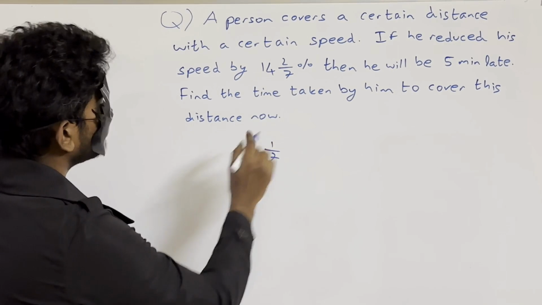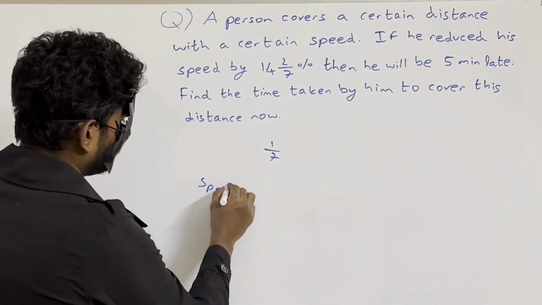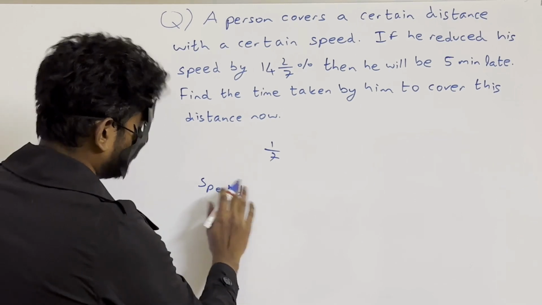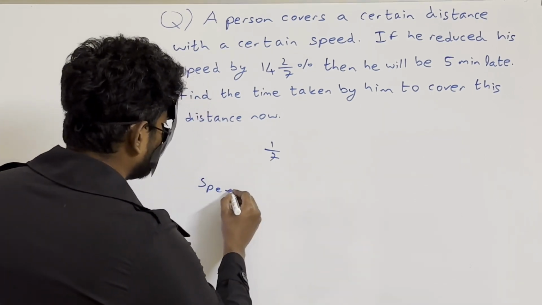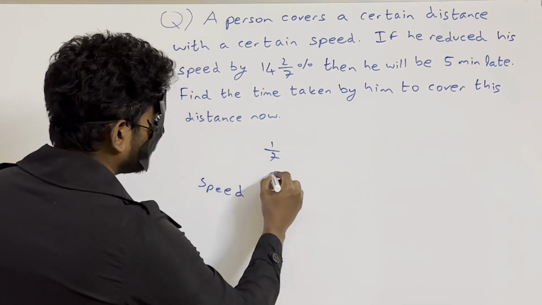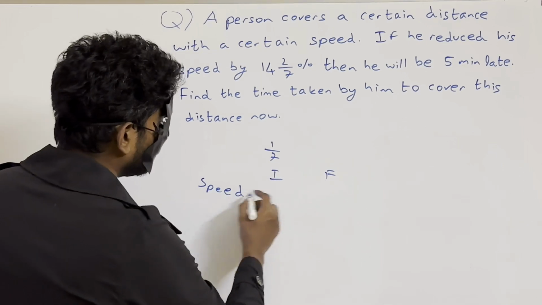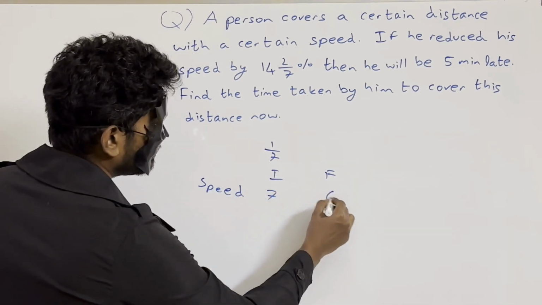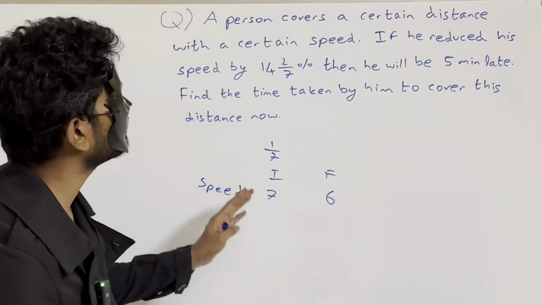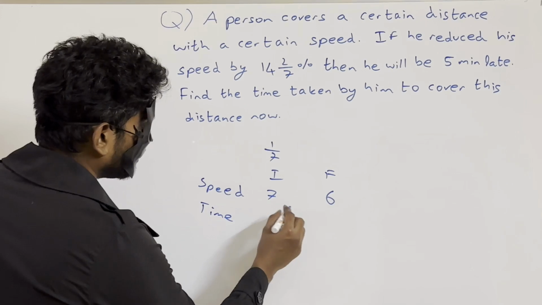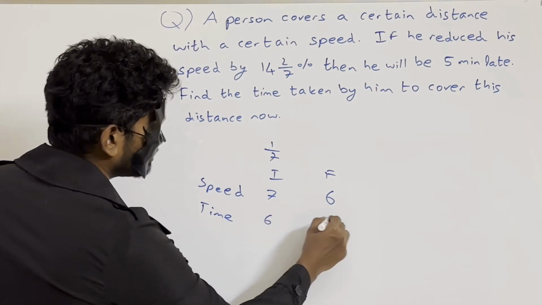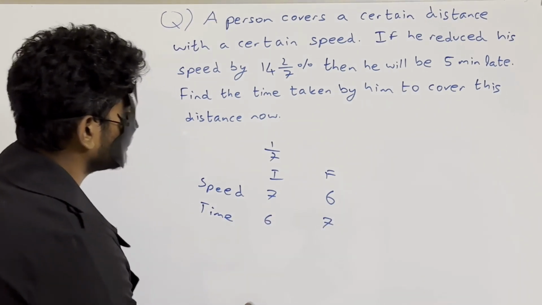So what he is saying is, speed initial and final. Initially if it is 7, then final will be 6, because it is reducing by 1/7. So time, since the distance is fixed, time will be nothing but in the ratio of 6:7, because distance is fixed, it will be inverse.